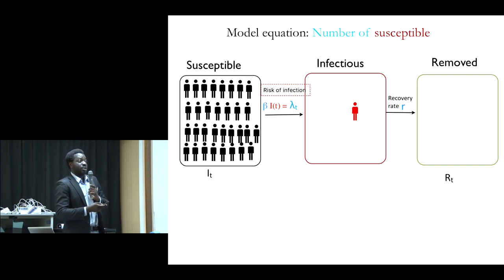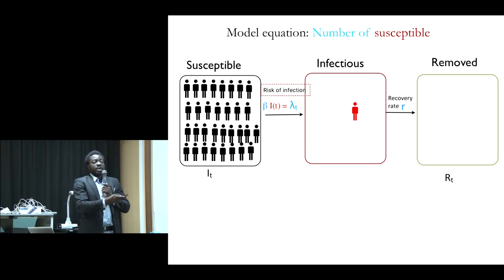For example, we have the susceptible here. Let's try to predict how the number of susceptible changes over time. So we have our susceptible group, infectious group, removed group.